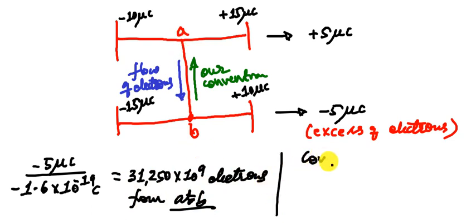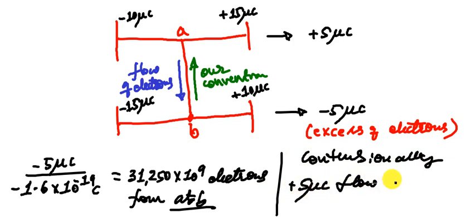Conventionally, what we do is simply take 5 microcoulomb, that is plus 5 microcoulomb, flowing from B to A, right? So B to A, this is our convention.